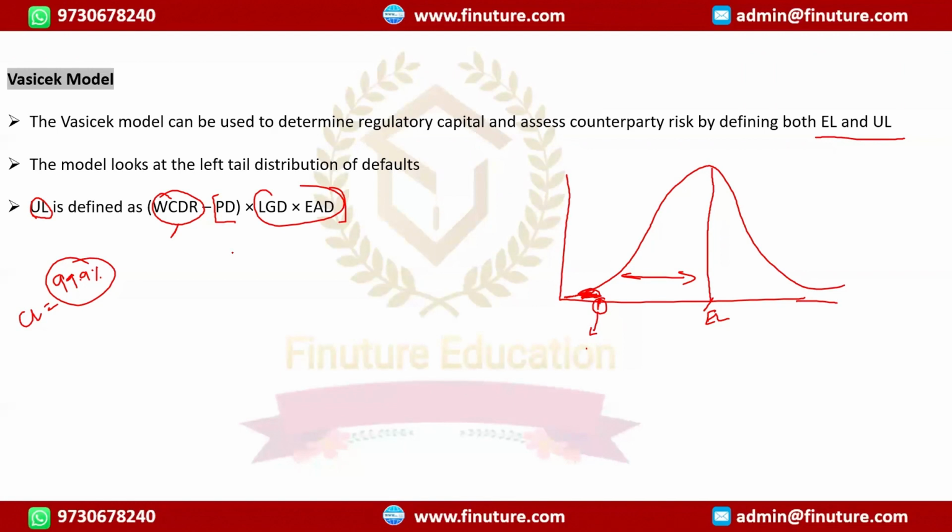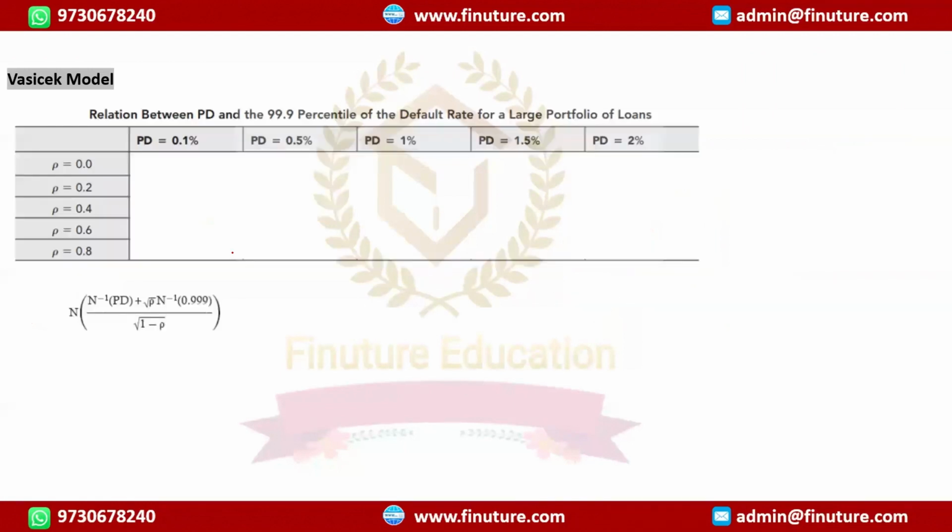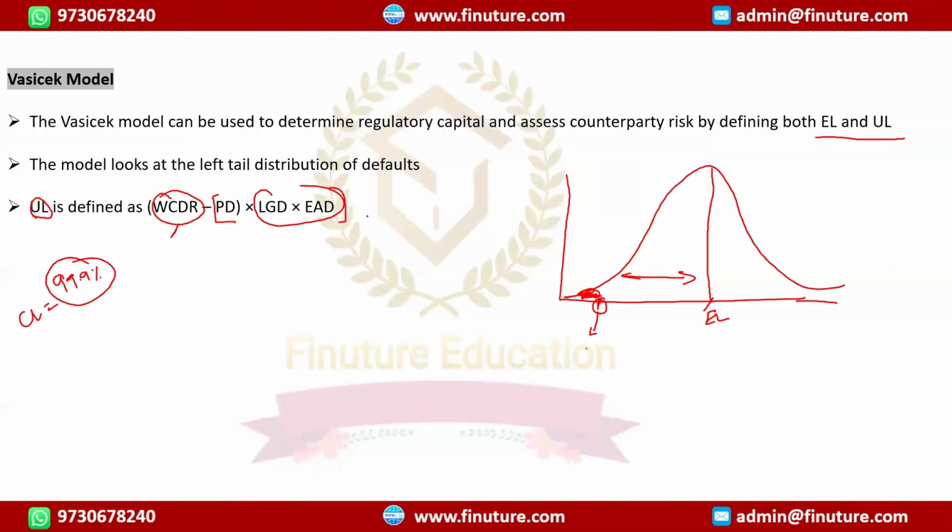Okay. The formula just keeps on adding, adding, adding. Yeah, in fact, that is not a great formula. This is the formula to calculate the worst case default rate, with the N inverse and the one minus PD. Actually, this is a real formula that's tricky. These other ones are quite trivial formulas. I won't even bother.